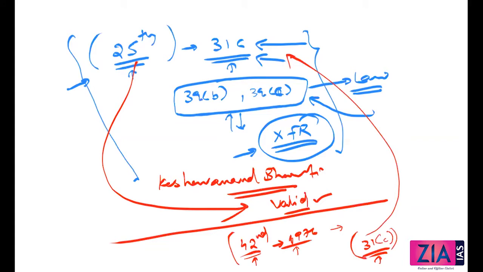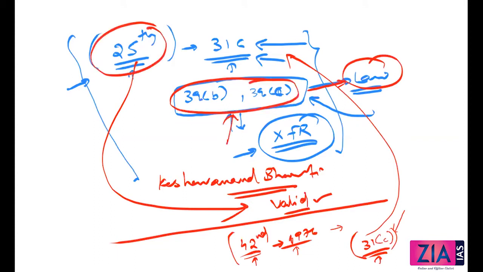In the amended form, the state can enact law for implementing this. Earlier, under the 25th amendment act, the state could pass a law for implementing the two, 39B and 39C.